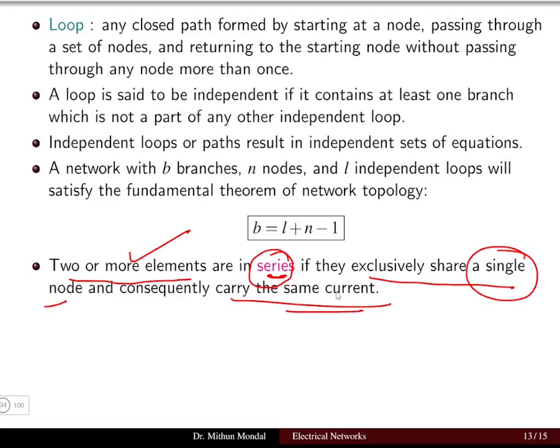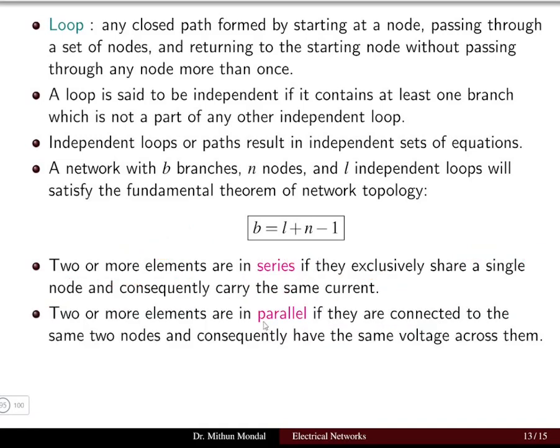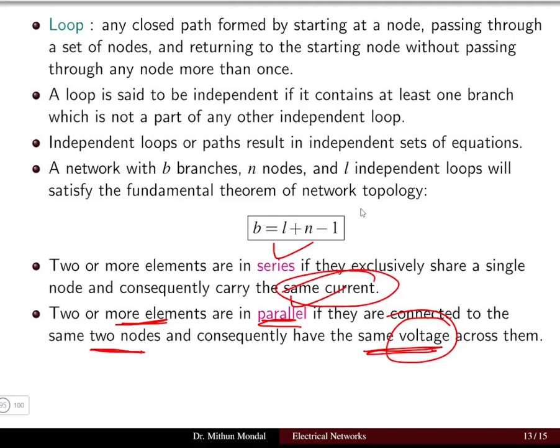So if the current flowing is the same between 2 or more elements and a single node is shared, that is known as a series connection. For a parallel connection, 2 or more elements share 2 different nodes and have the same voltage. So when we have the same voltage, it is a parallel connection. When we have the same current, it is a series connection.